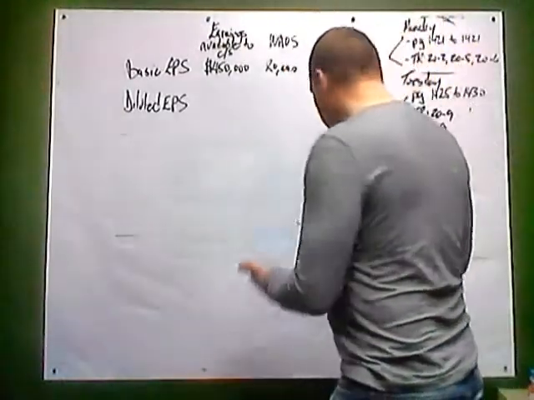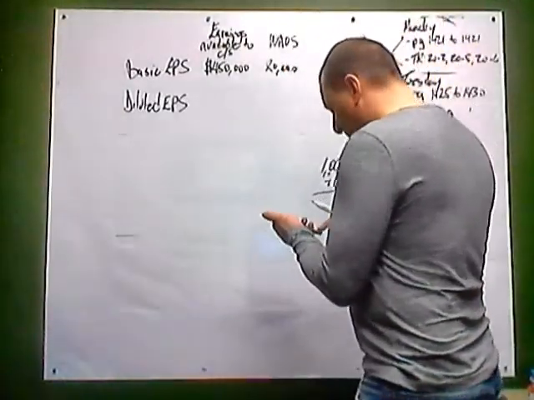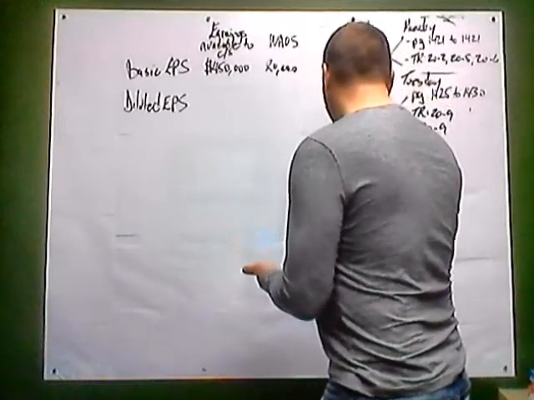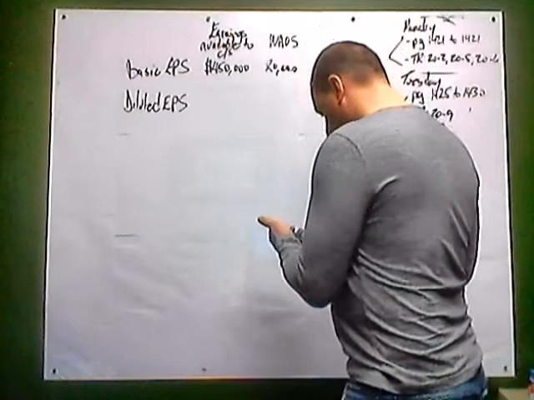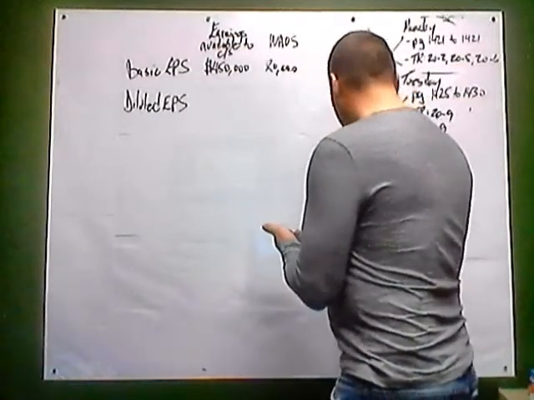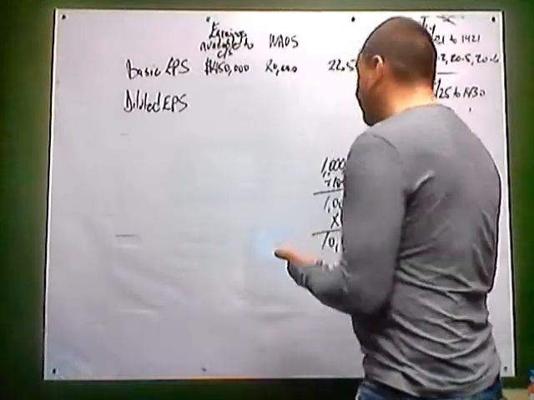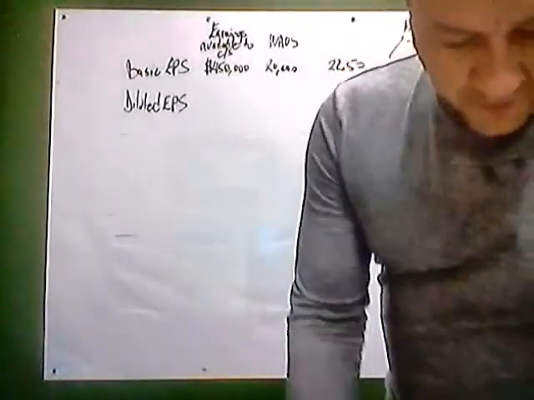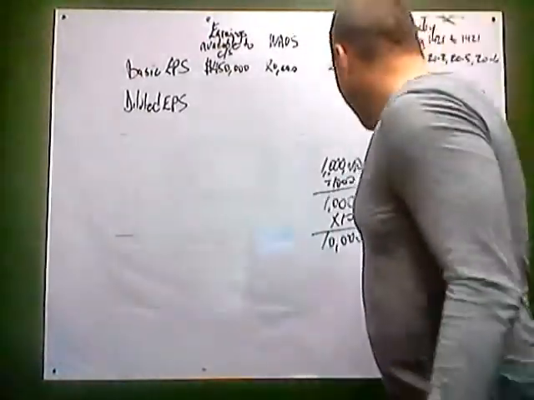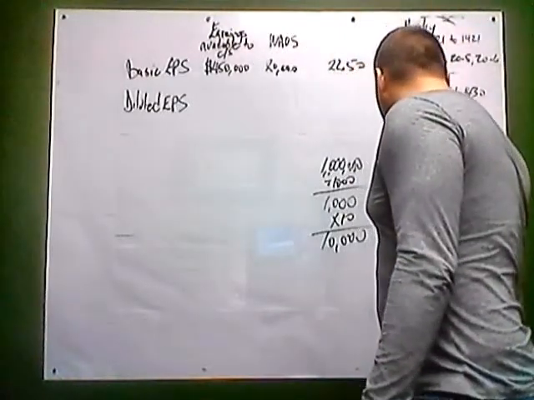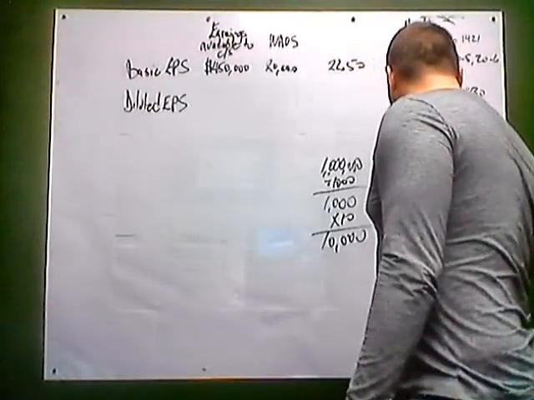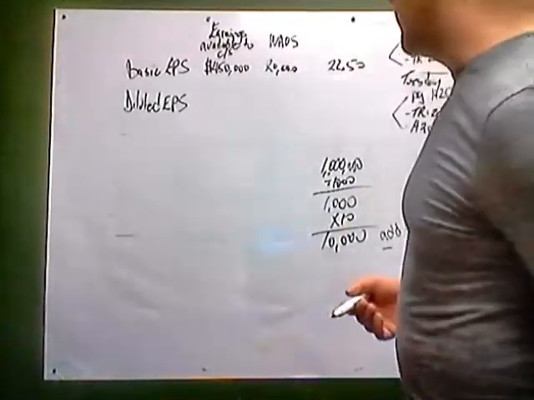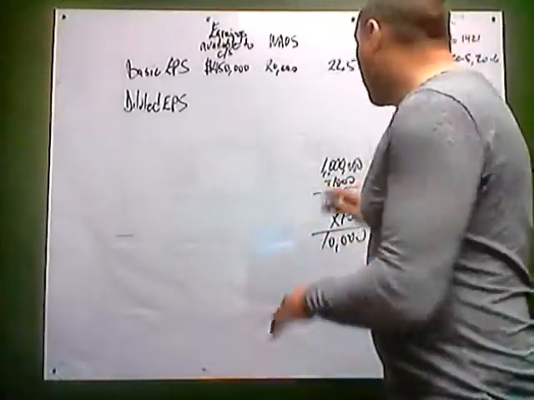So 1 million divided by 1,000 gives us 1,000 units, then times 10 equals 10,000 shares. So we're going to add 10,000 shares for this debt. We also have to remember we're not going to pay interest either, so we're going to have an interest savings as well. We'll come back to that later.